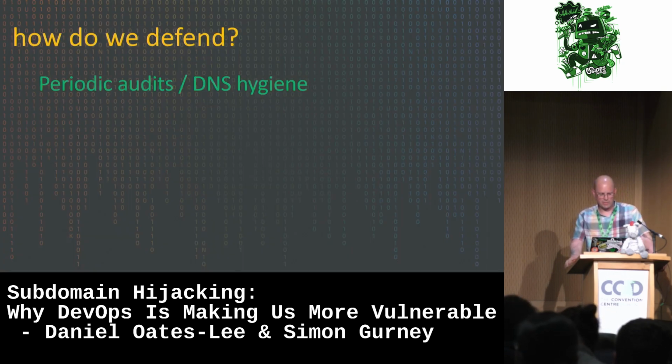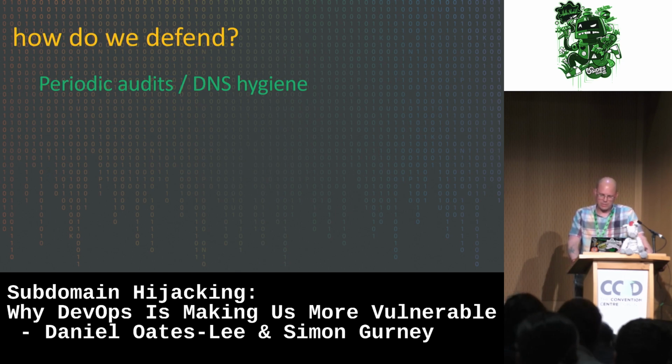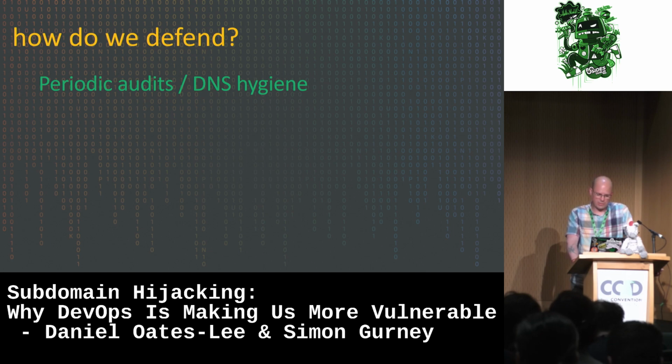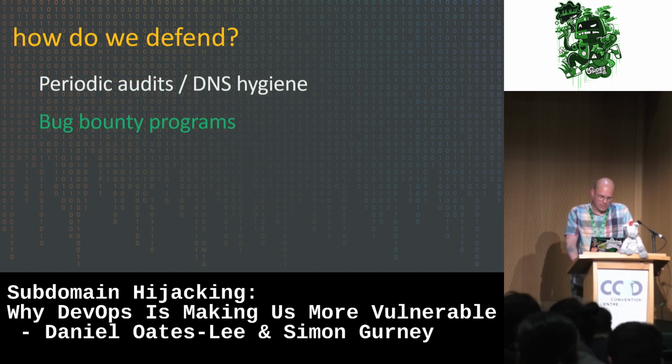So how can we defend ourselves? Well, we can carry out periodic reviews. We can do DNS hygiene. We've got 1,000,001 other things to be doing that we're probably not doing as well as we could be. So DNS hygiene is typically not going to be very productive. You could sign up to a bug bounty program, but they tend to charge you quite a lot for finding a subdomain takeover.